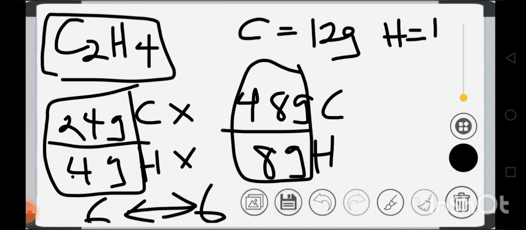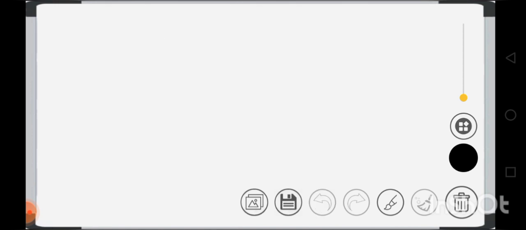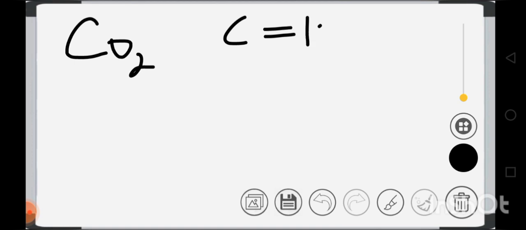What about, let's say, we have a sample of CO2, carbon dioxide. From the periodic table, the atomic mass of carbon is 12, while the atomic mass of oxygen is 16.